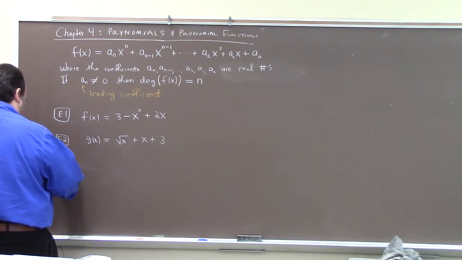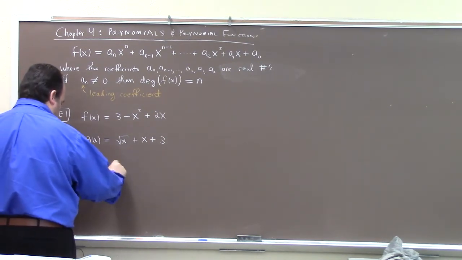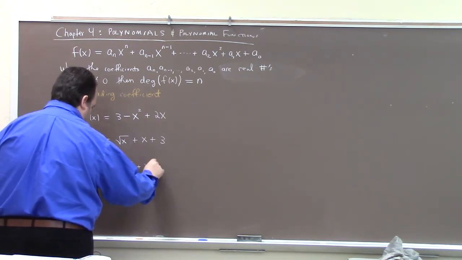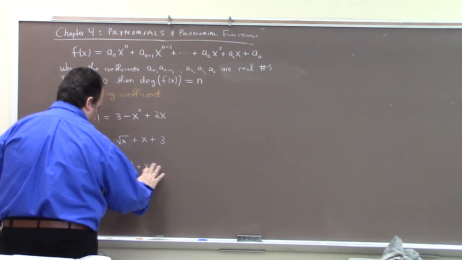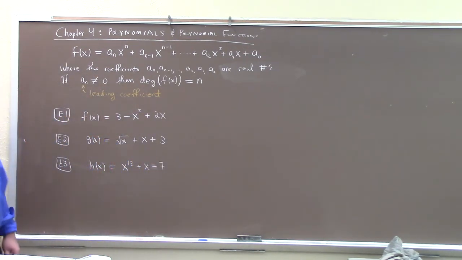Example 3: h of x equal to x to the 13th plus x minus 7. All right, now here's the question. In my first 3 examples, are these polynomials? And if it is a polynomial, what's its degree? So what do you think?